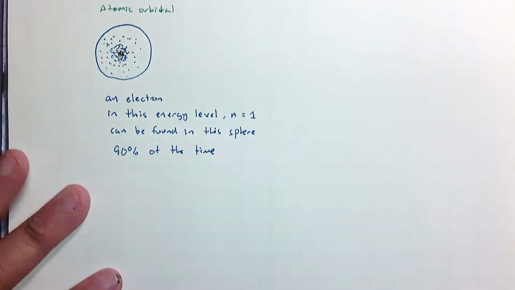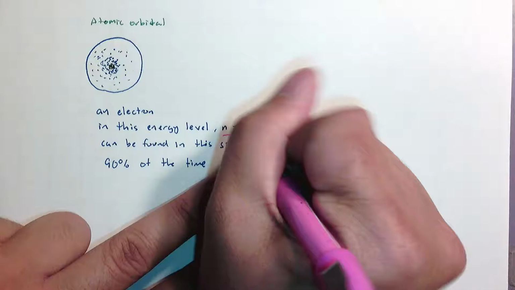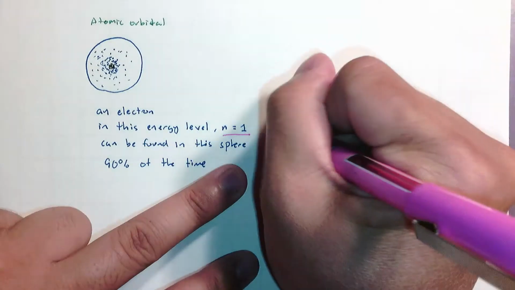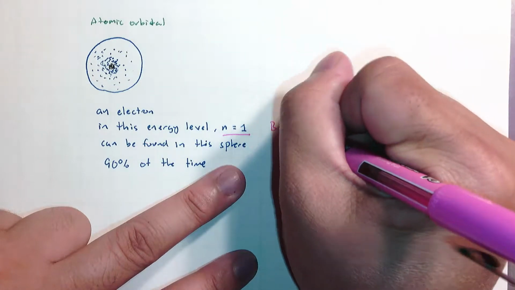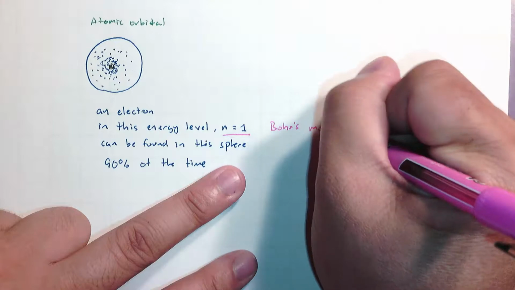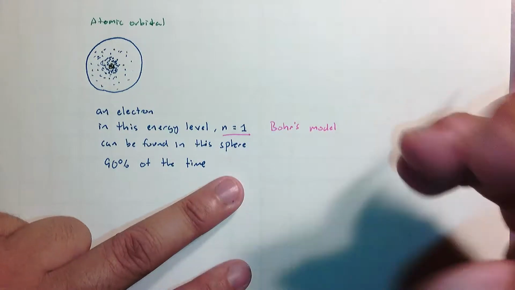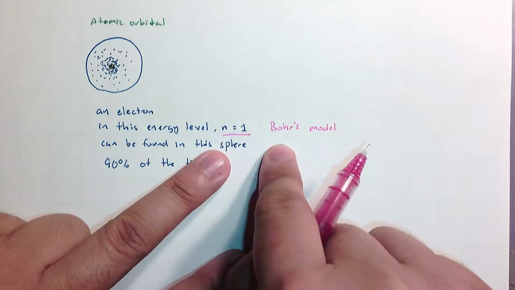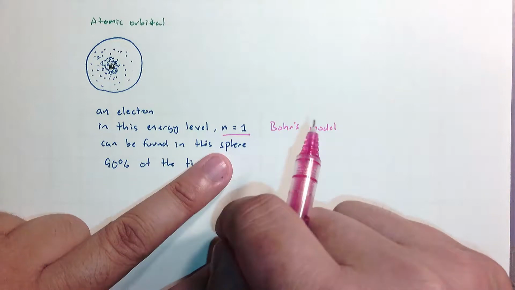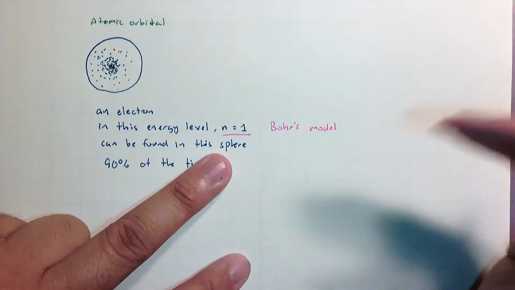A couple things. I purposely said n equals 1. Remember, this is from Bohr's model, B-O-H-R model. We talked about this when n equals 1 or 2 or 3, and if an electron is excited, it goes to a higher energy level. And when an electron emits light, that means that the electron went from a higher energy level down to a lower energy level.